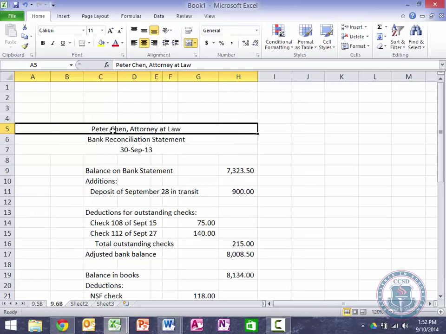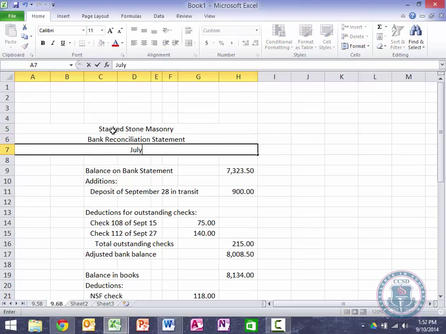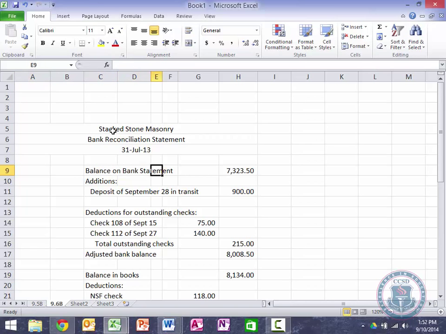Okay, let's jump in. So this person's name is Stacked Stone Masonry. It's a bank reconciliation statement. We're doing July 31st, 2013. Balance on the bank statement is what?